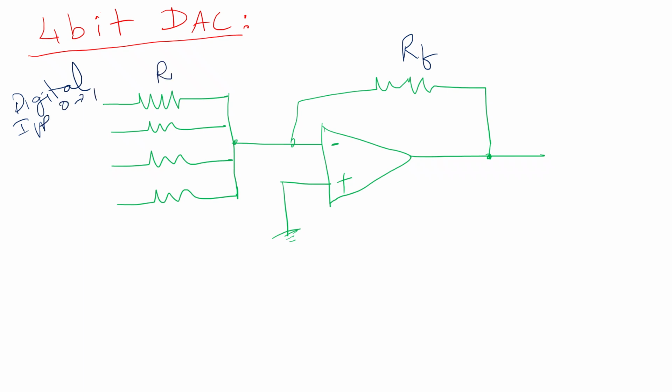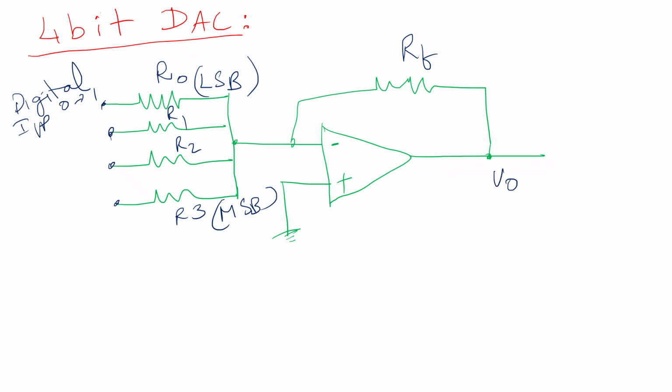Let the values of the resistors be R0, R1, R2, and R3. This is the least significant bit, and here we have the most significant bit of the digital input.